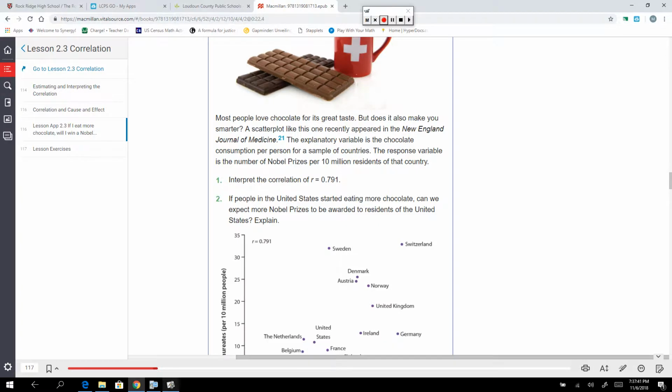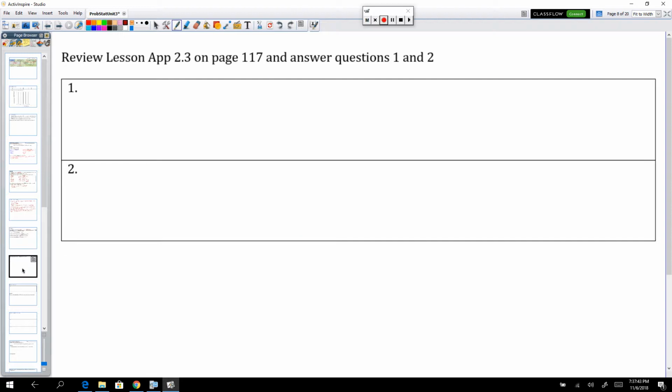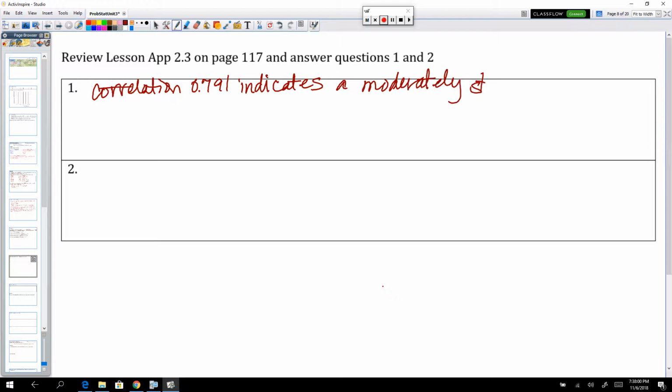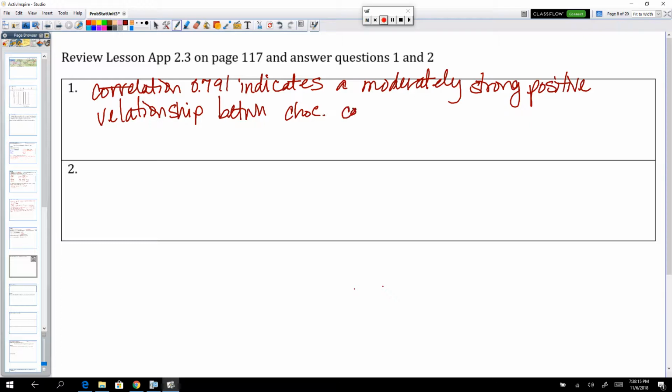So to interpret that R value, here's what we say. A correlation of 0.791 indicates a moderately strong positive relationship between chocolate consumption and number of Nobel Prizes.